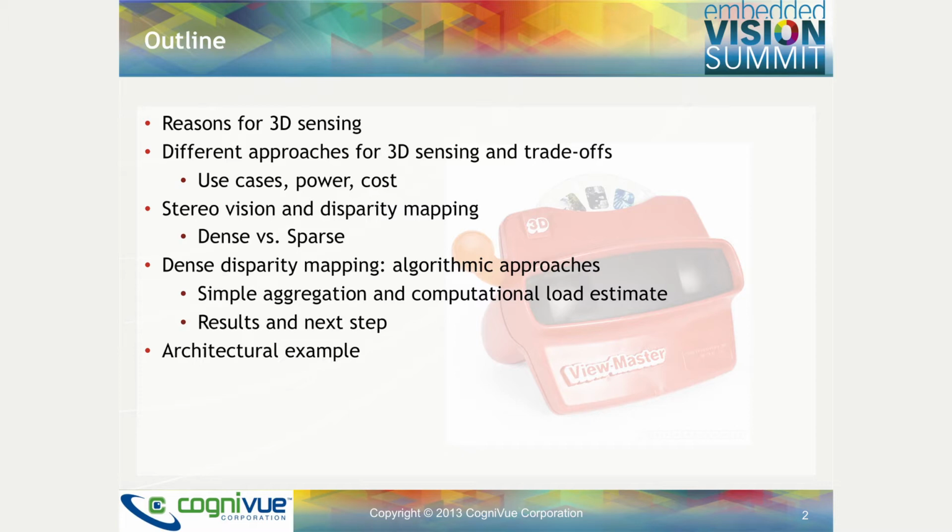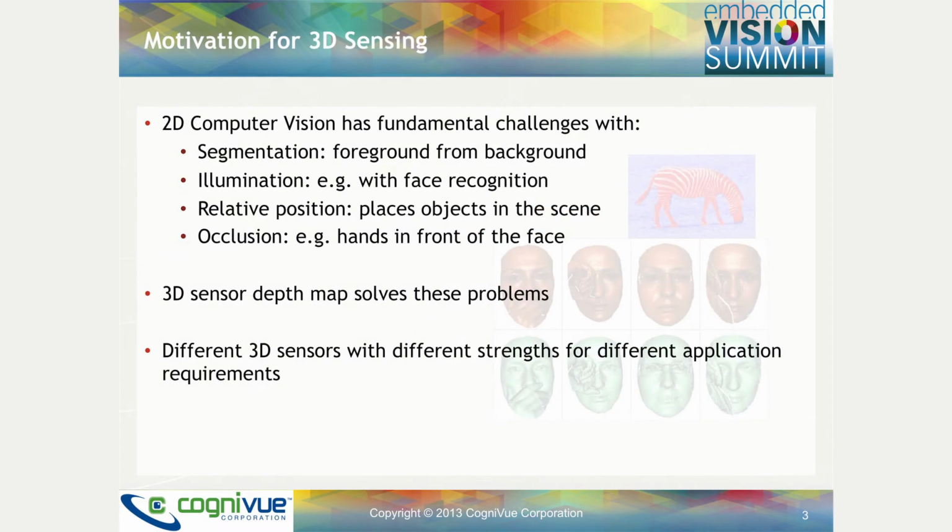So first, let's begin with, well, why 3D sensing? And it's been touched on before. 2D computer vision has fundamental challenges with certain aspects of analyzing the scene. Things like segmentation, for example, being able to distinguish the foreground from the background, is a particular problem with a 2D computer vision application.